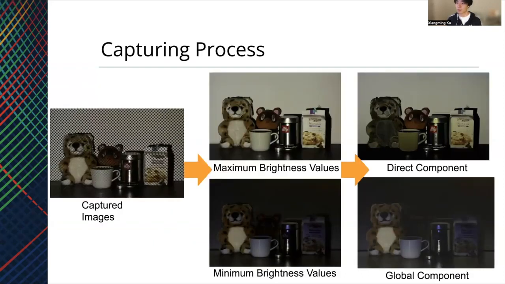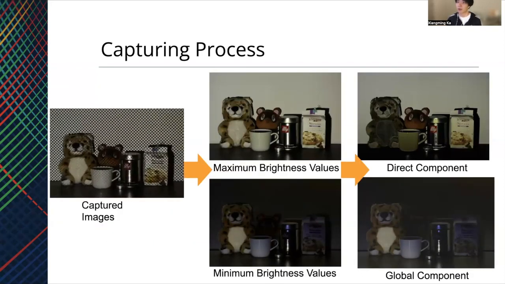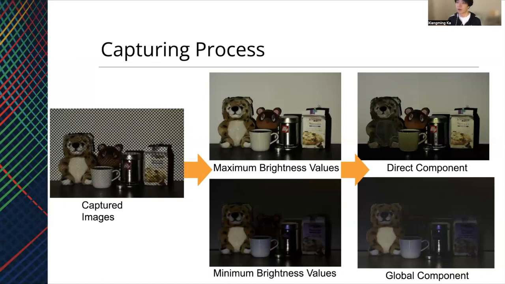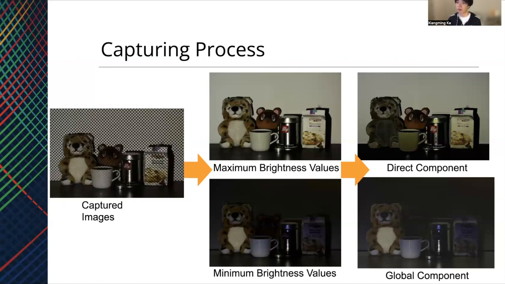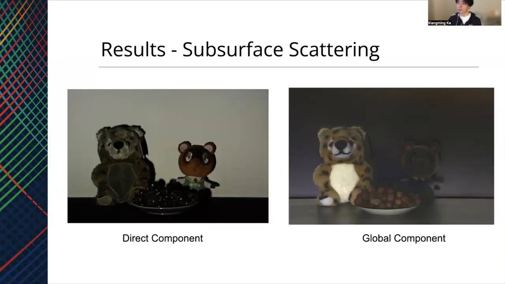After capturing the images, we compute the maximum and minimum brightness values of each pixel, and with them, we can compute the direct and global components of the scene. I captured a set of scenes that are dominated by a specific physical phenomenon, like subsurface scattering, as we can see here.